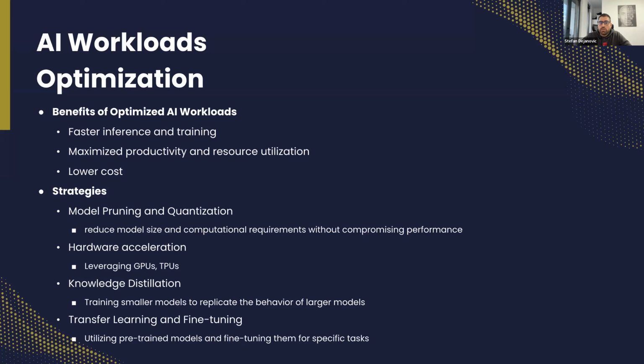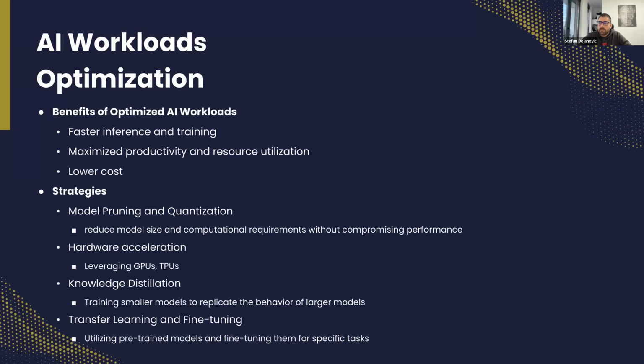The strategies for how to do that: first thing we can do is model pruning and quantization. Basically, the technique is pruning redundant parameters and reducing precision through quantization, and that can lead to significantly shrinking the model size without substantial loss in performance.